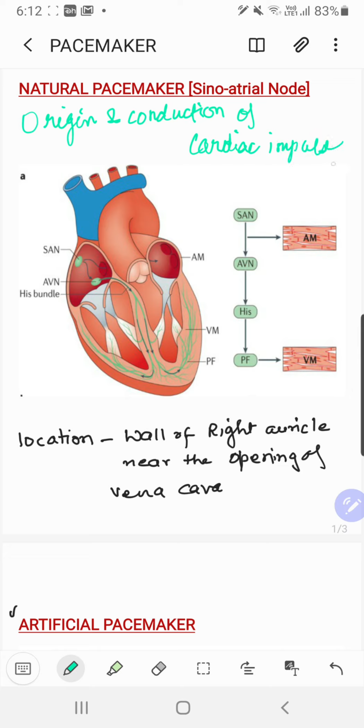So cardiac impulse means the electricity wave which is generated in the heart due to the pacemaker, which is known as SAN. Here you can see it is sinoatrial node.